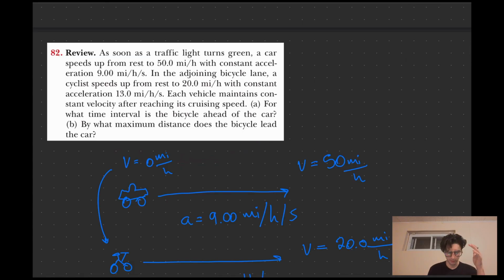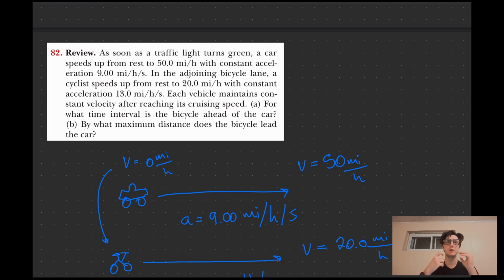Now let's check out part B of this problem. It says, by what maximum distance does the bicycle lead the car? So we need to find a maximum distance, and we already know that the bike is faster than the car initially. So at some point, the bike is going to reach its maximum velocity, and the car is going to continue speeding up because the car reaches 50 miles per hour.